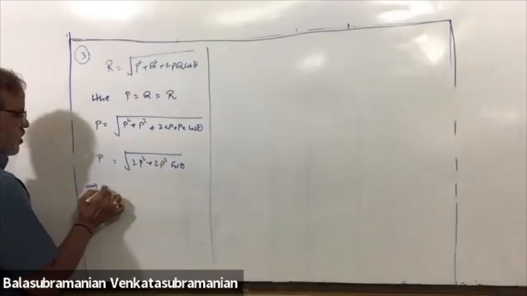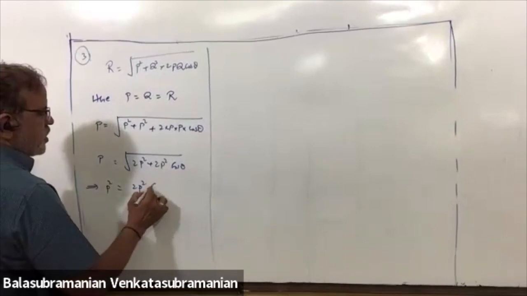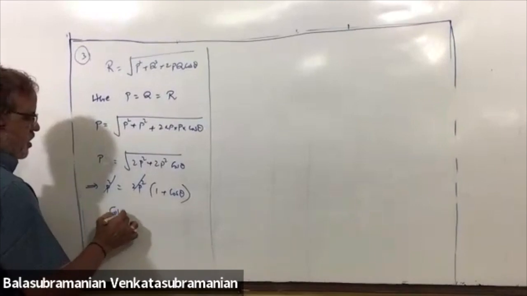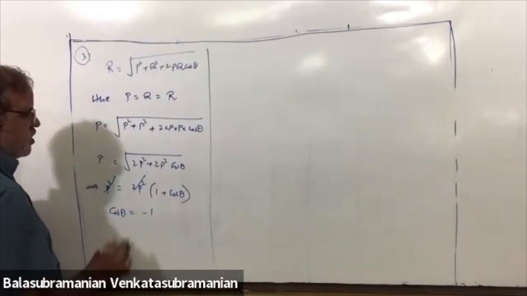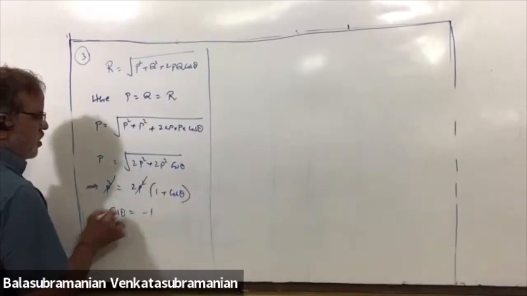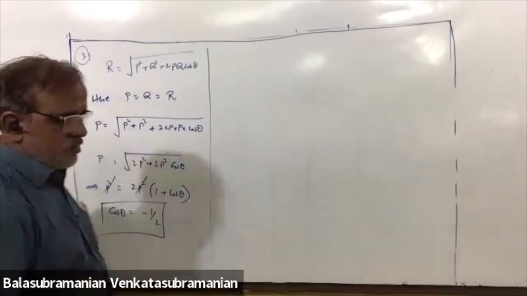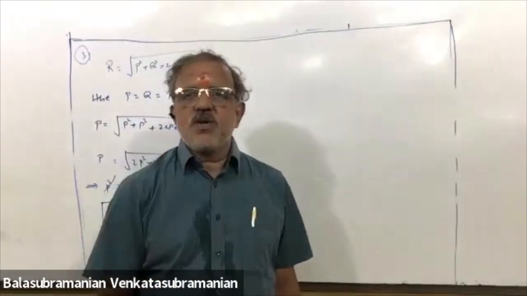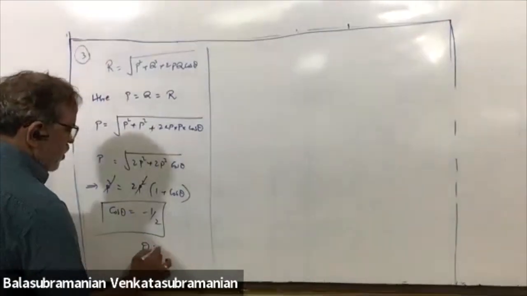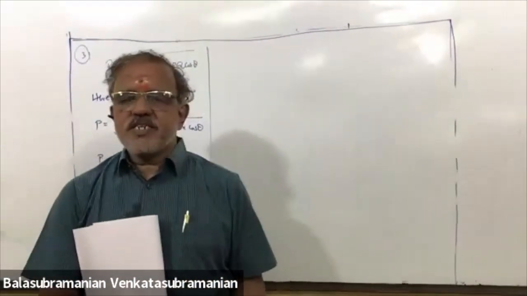Square both sides. P square, take 2P square outside, 1 plus cos theta. Cancel. Cos theta is equal to minus 1 by 2. Cos 60 is half, so with the minus sign, one more rotation, theta will be 120 degree.